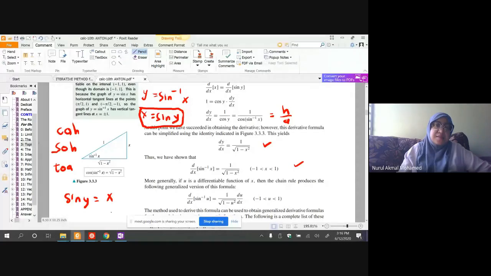So x is actually x divided by 1, opposite divided by hypotenuse, O over H. So this is the reason why your hypotenuse is equal to 1 and your opposite is equal to x.